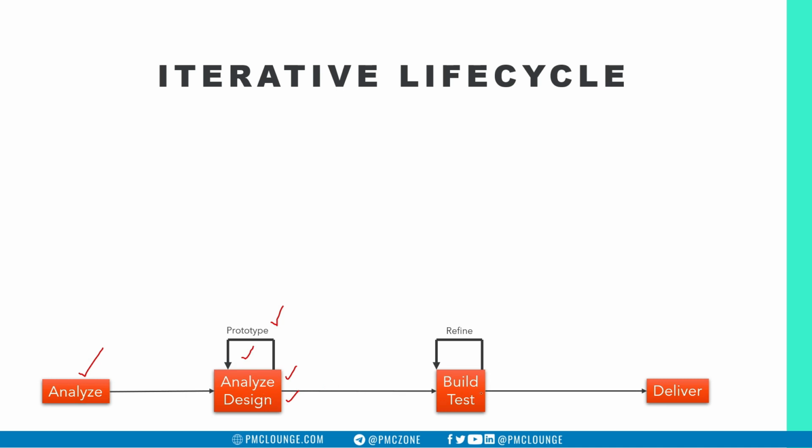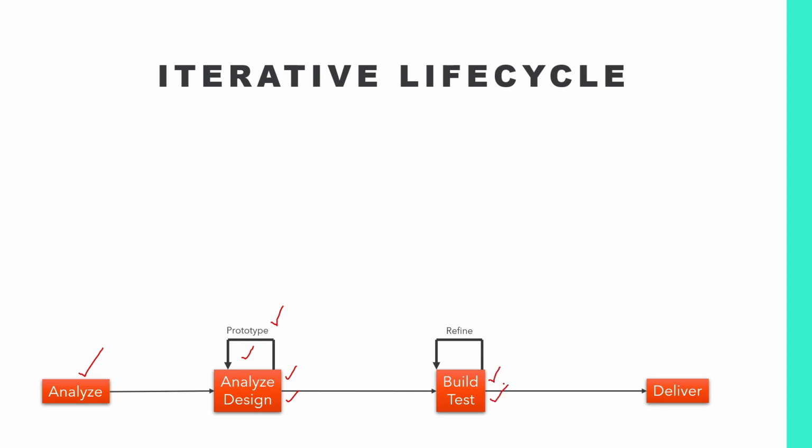Once this is done, you do a build and test. If there are changes, you refine that once again. So there are these loops that you will observe in steps 2 and 3, and finally you do the delivery. That is how the iterative life cycle looks.